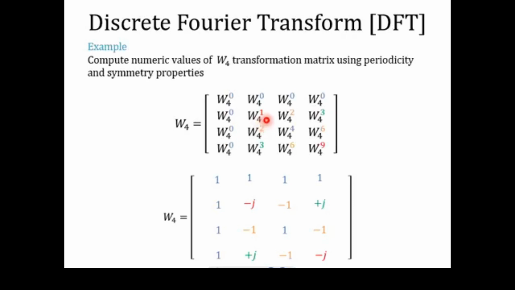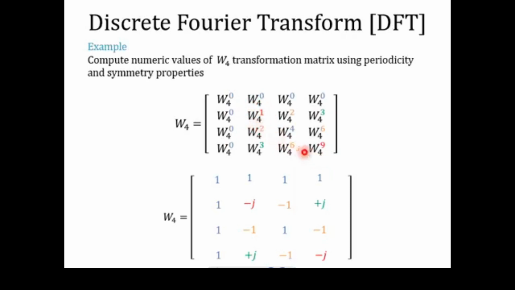So W41 will be equal to W45, and on adding 4 into 5 we will get W49. So W41, W45 and W49, all these factors will be equal mathematically. So W49 will be exactly equal to W41. Here we have used the periodicity property on the W41 factor.